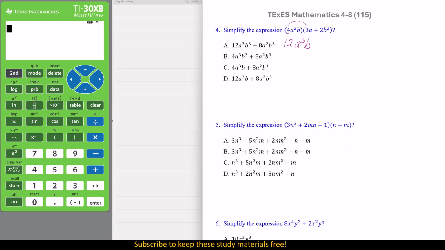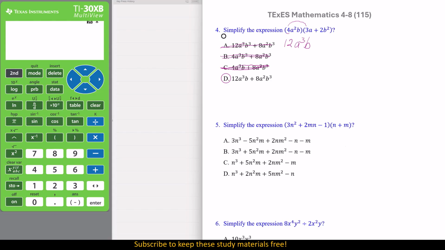Now let's look and see what options don't have that 12a cubed b. Well, B and C don't even have the 12 coefficient. And D does, A doesn't. So I'm going to say D's what we want.